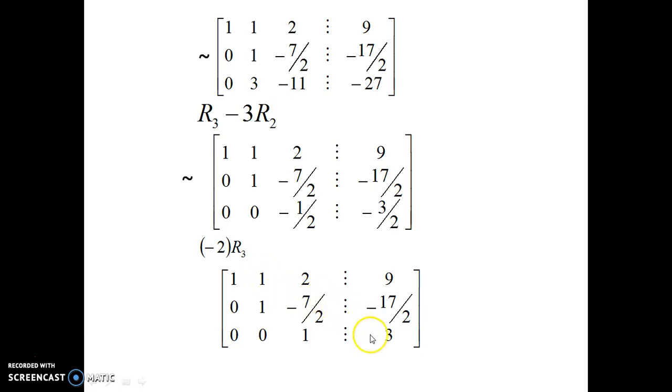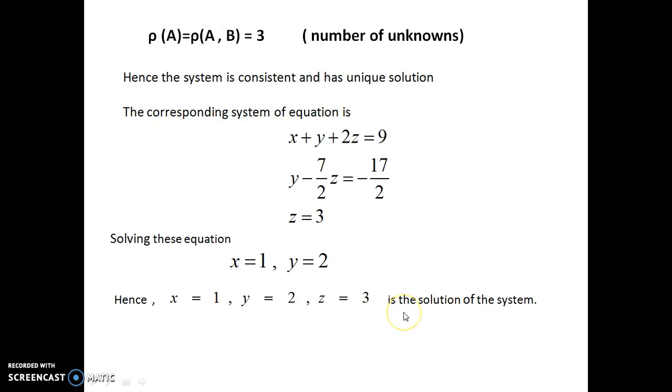Therefore the rank of AB is also 3, and there are 3 unknowns. Therefore rank of A is equal to rank of AB is equal to 3, and this is the number of unknowns. Hence the system is consistent because rank of A is equal to rank of AB. Therefore the system is consistent and has a unique solution, because the number of unknowns is 3 and our rank is also 3.